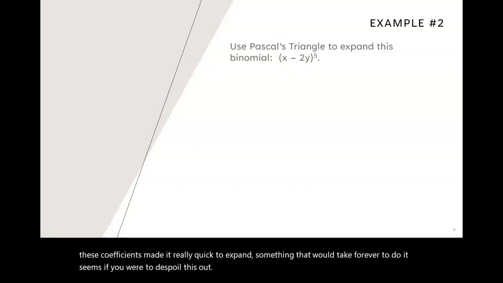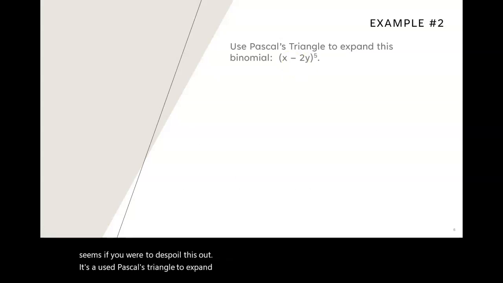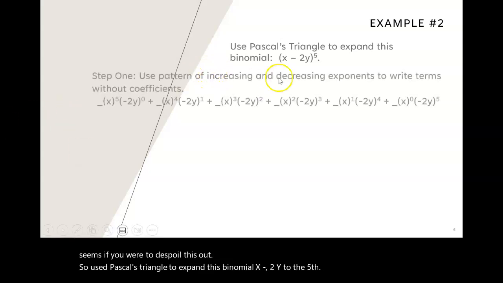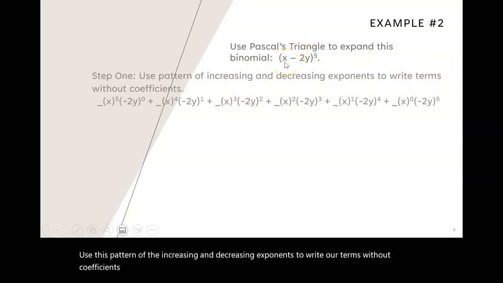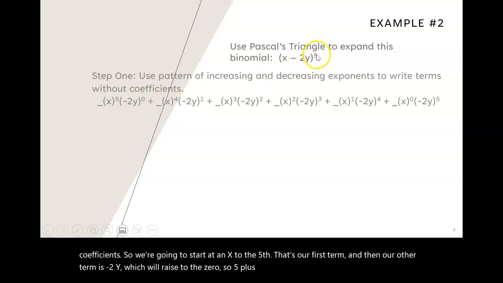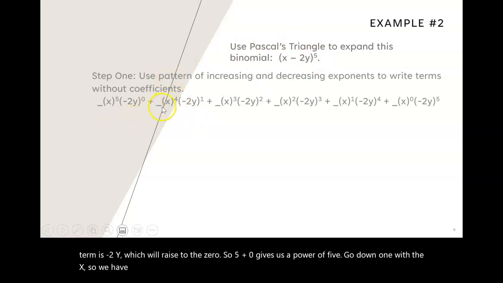Now use Pascal's triangle to expand this binomial (x - 2y) to the 5th. Use the pattern of increasing and decreasing exponents to write our terms without coefficients. We start at x to the 5th, our first term, and our other term, negative 2y, is raised to the 0. So 5 plus 0 gives us a power of 5. Go down 1 with the x, so we have x to the 4th times negative 2y to the 1st.